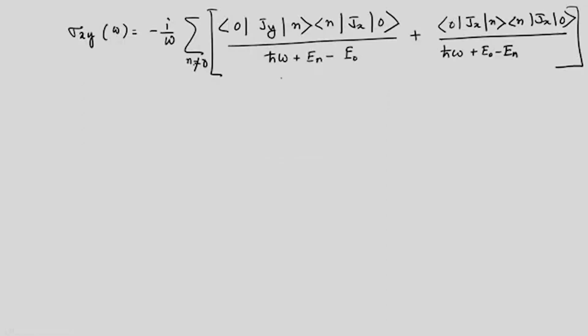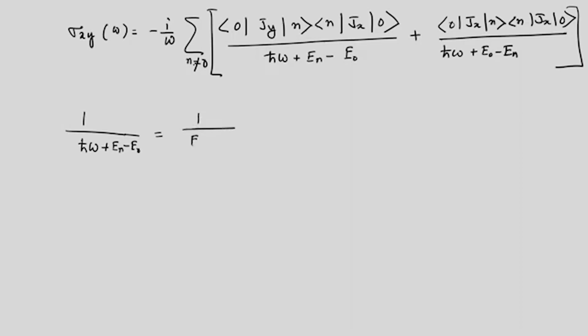Now we are almost there, excepting that we have to take the DC limit, and DC limit means omega going to 0. And how do we take that? Let us write down the denominator as E_n minus E_0.